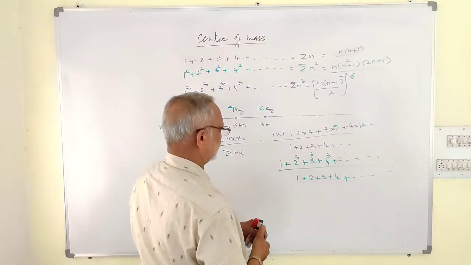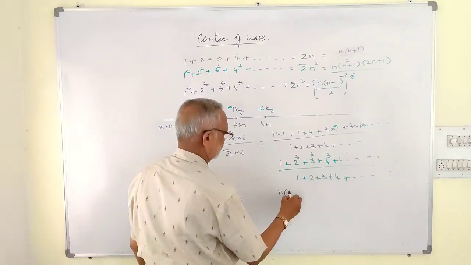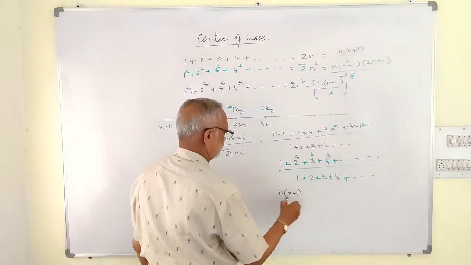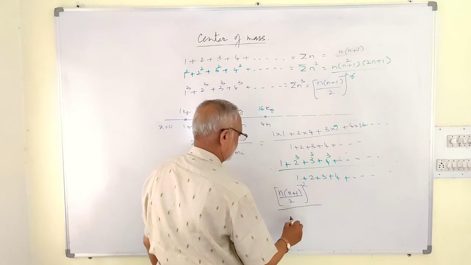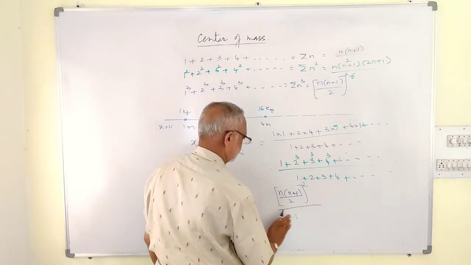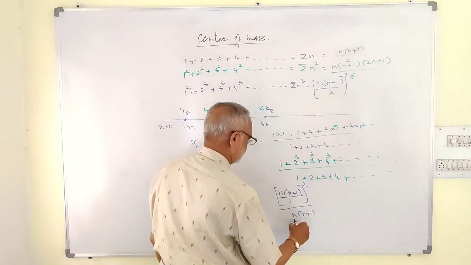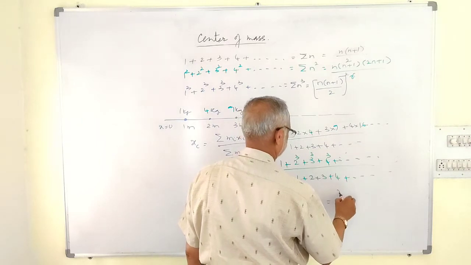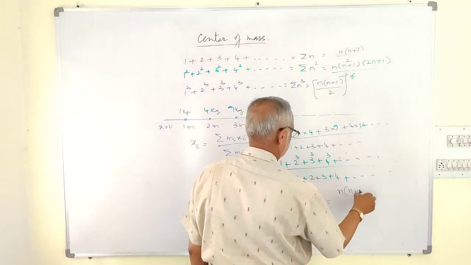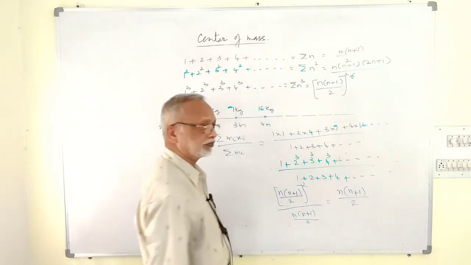Sum of the numerator is n into n plus 1 whole divided by 2 whole square. Sum of the denominator is n into n plus 1 whole divided by 2. So this you will get n into n plus 1 whole divided by 2.